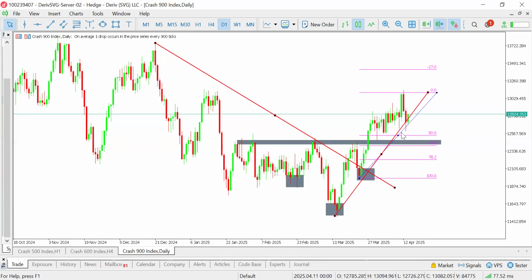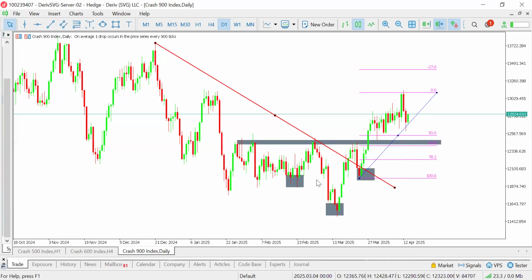But we still have a lot of confluences to tell us that the market is going in the upwards direction. I have this strong resistance that has been broken, and we're hoping it will turn to support. I'm still hoping that the market will come back into this place.